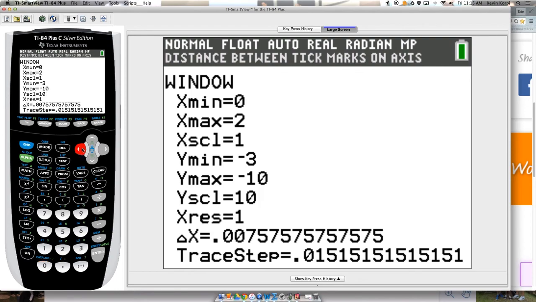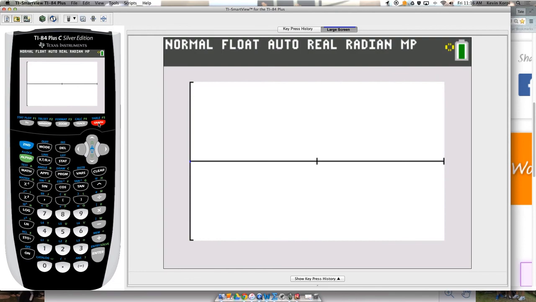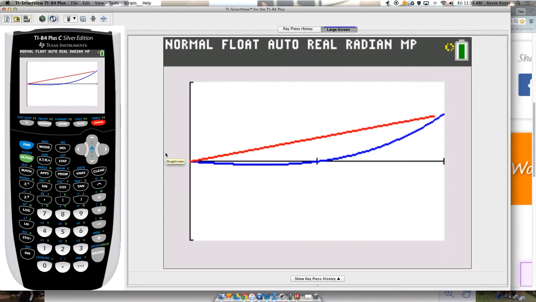I'll leave the scale at 10. So I'll graph it, and you'll see what happens here. It looks just like a bow, doesn't it? Because I've graphed it, I don't even need to rescale it.